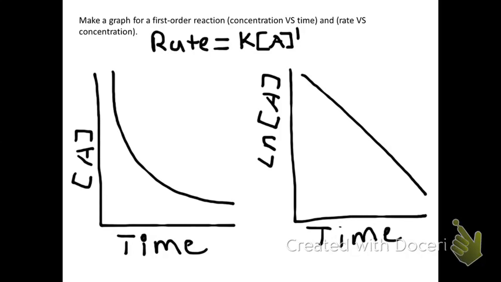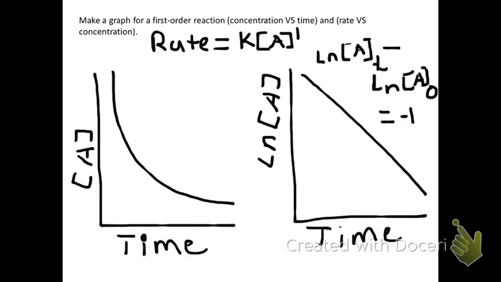Now this graph is derived from a specific equation, alright? And so the equation that we derive this from is going to be the natural log of A at some time minus the natural log of A at the initial concentration, and all of this is going to equal minus kt.